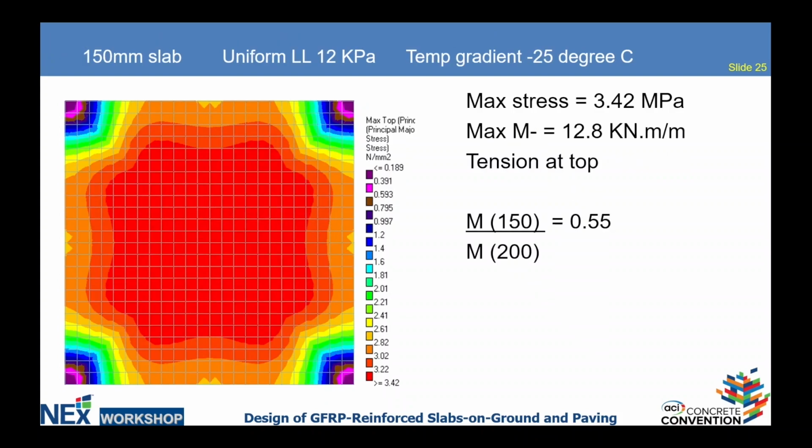And again, if you apply the same load and the same thermal gradient to the 6-inch slab, you get 55% of the moment intensity compared to the 8-inch slab. Is that a coincidence? I don't know. It just came out like this.